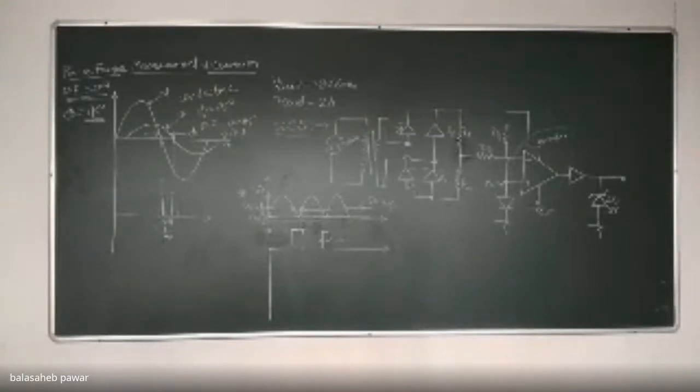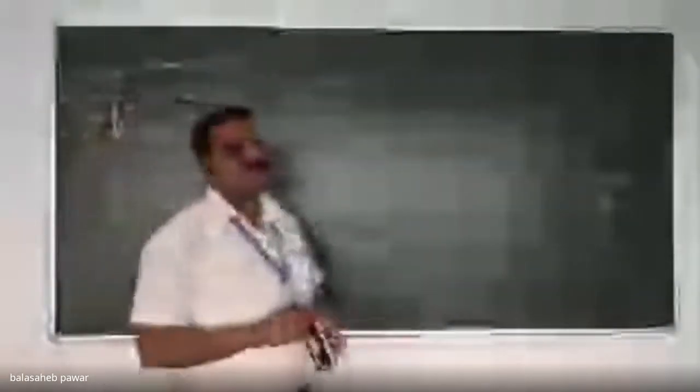A signal conditioning circuit is not a single or unique circuit. Many circuits combined, that group is known as a signal conditioning circuit. For example, a comparator or zero crossing detector, or even we can call the precision rectifier a signal conditioning circuit. Okay.